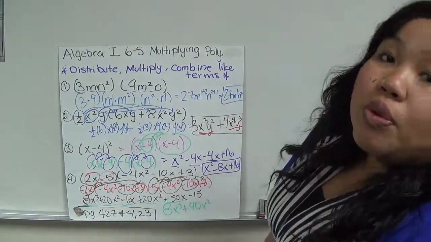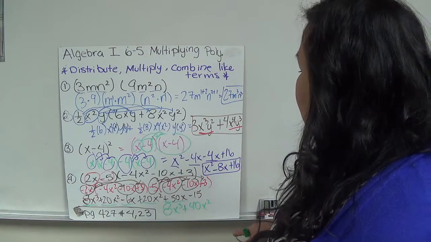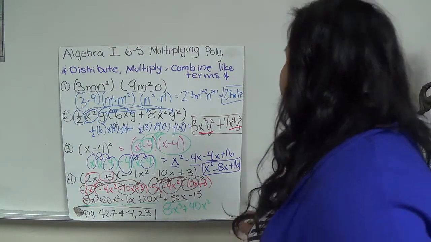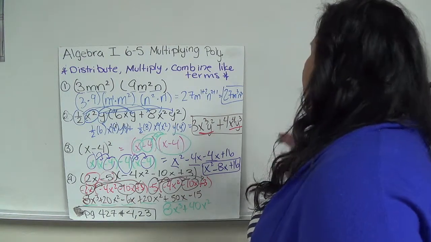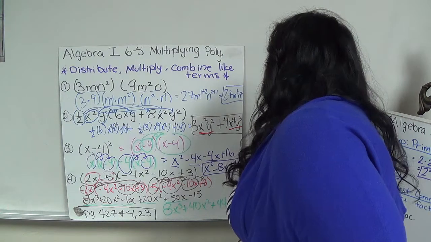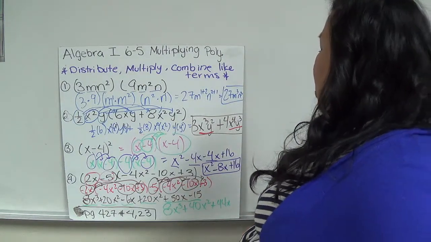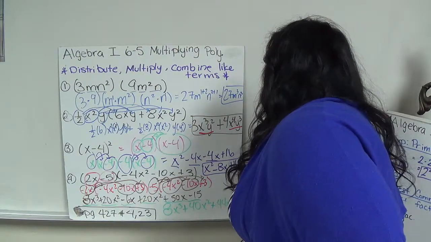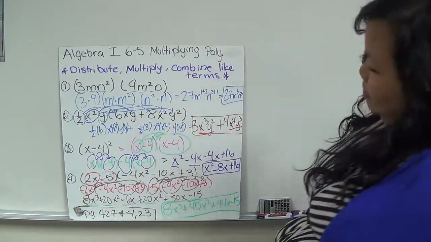So then we end up with negative 6x plus 50x is positive 44x. And because negative 15, because there's no other numbers, that's just a constant, we're going to bring negative 15 down. And that's as much as we can do, and that's our answer.